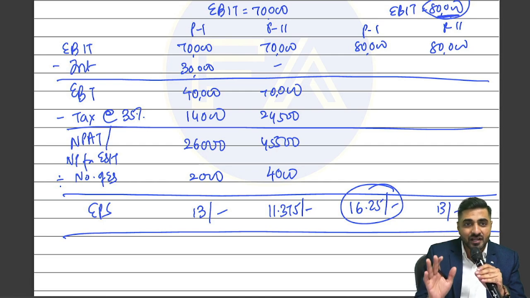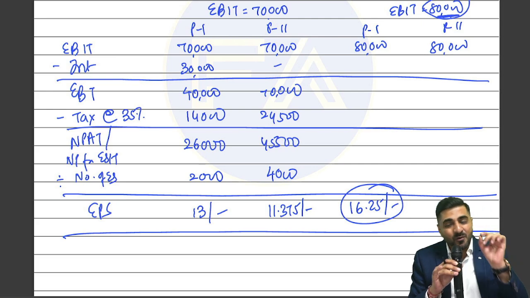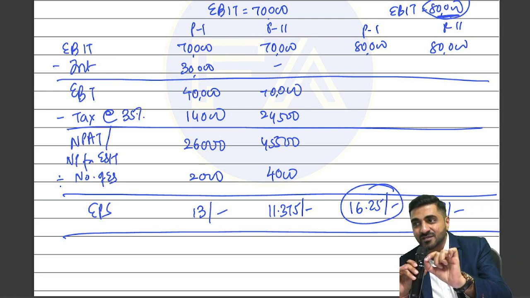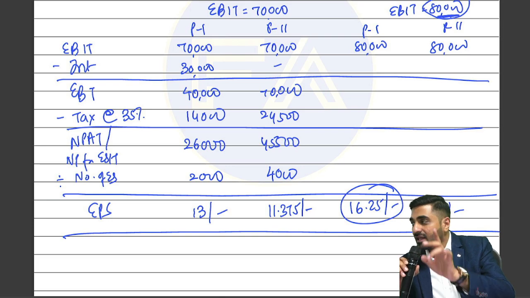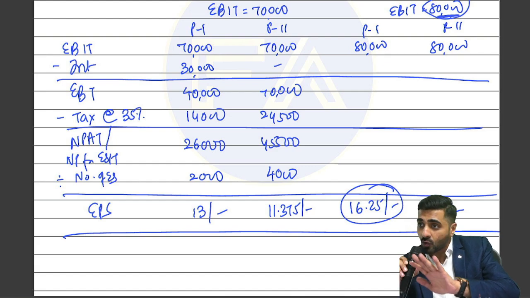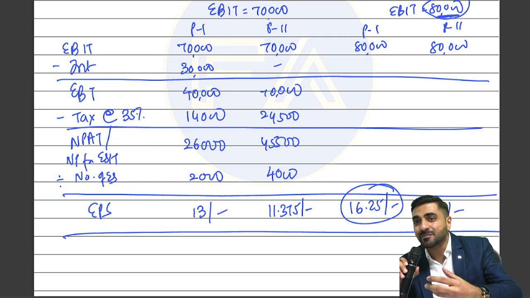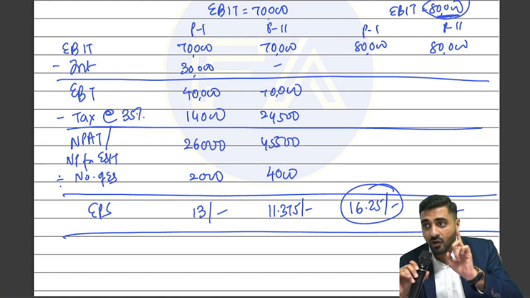This is financial leverage. If you are only taking equity as a source, versus debt and equity, always the plan with debt and equity will have a higher EPS as compared to the plan which has only equity. This concept is called, bolo beta, trading on equity.